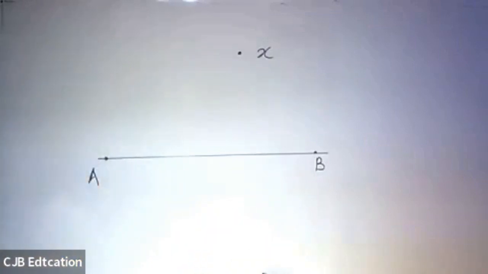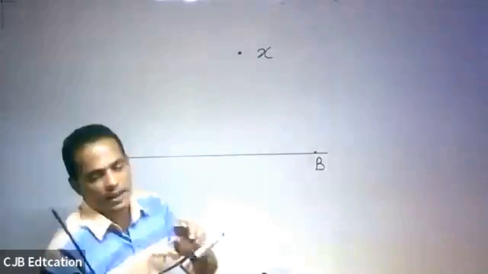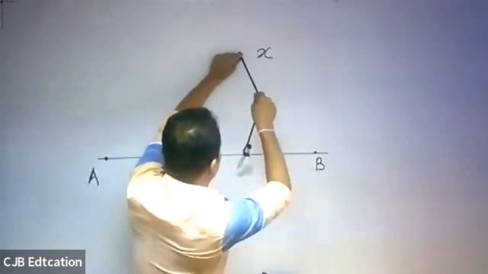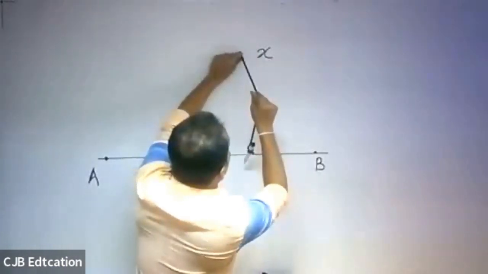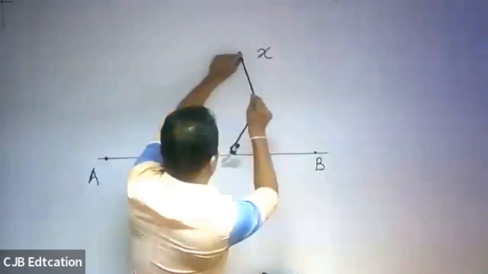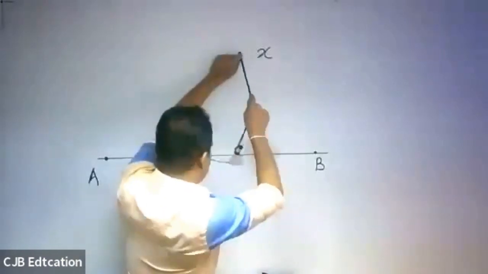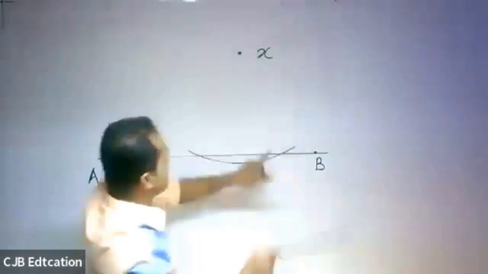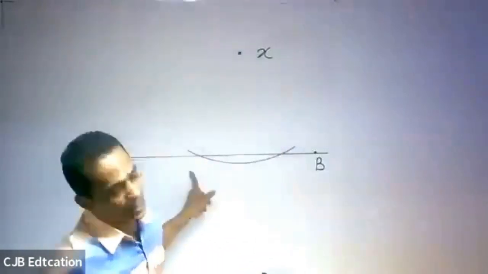Now is that clear? What we have to do? Yes, sir. Right. What we have to do here, we should draw the perpendicular. We have to take some distance from this tip on the X, a little more than the distance to AB, and then take two arcs on the AB straight line.